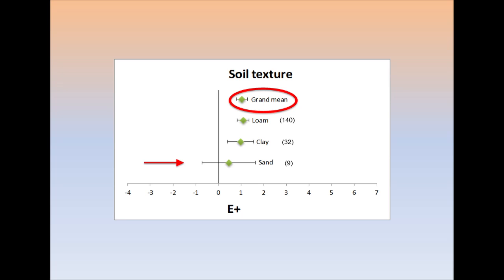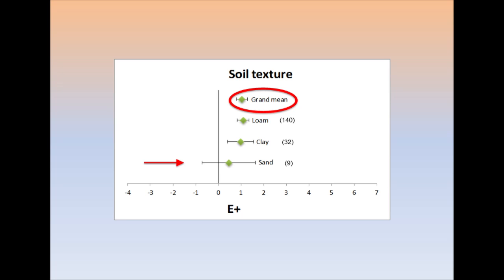Okay, here's a typical result. So you would always look at your overall mean, and the error bars are the confidence interval, and if they don't overlap with 0, this is a significant effect.